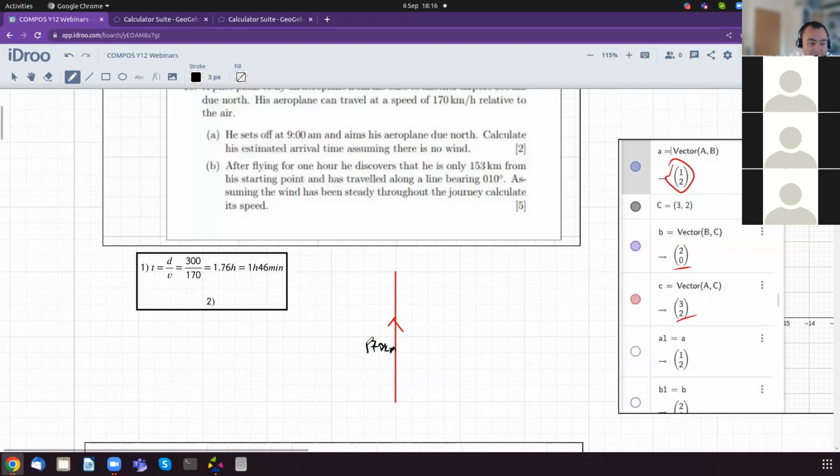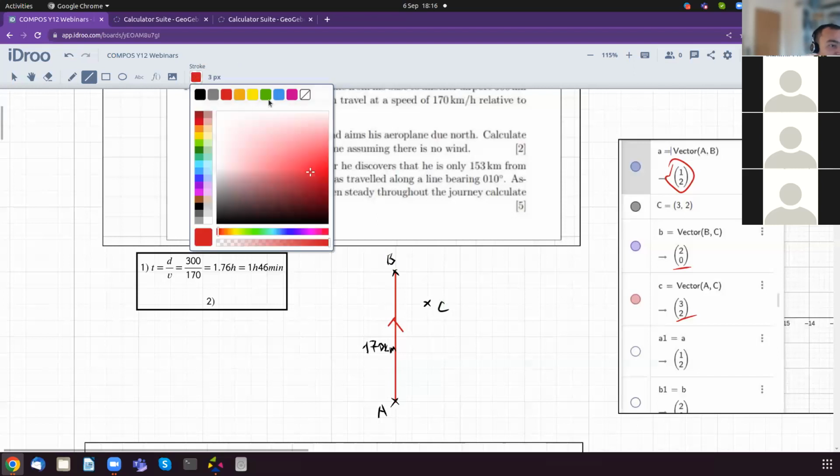But because of the wind, which we don't know the direction, he started from A, and he should have ended up at B, but actually he ended up at C, which is 153, so it's closer and it's 10 degrees, so somewhere here.